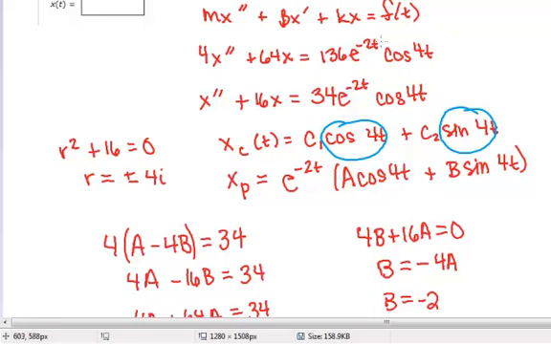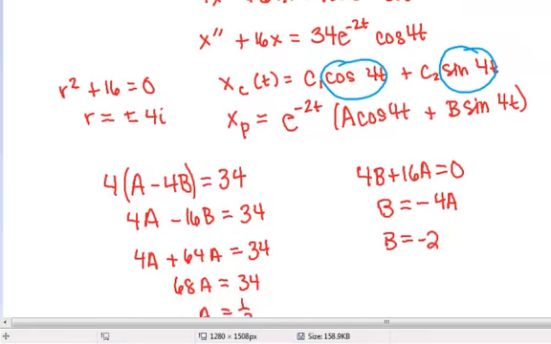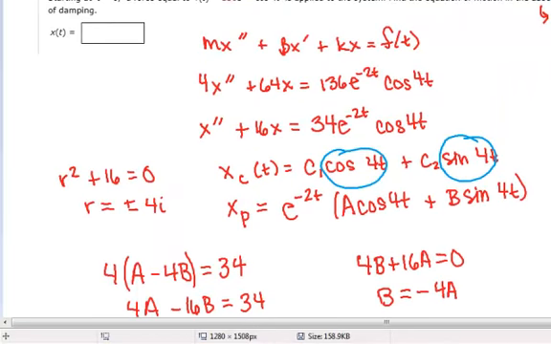And then you'd set up your W1 and W2 and so on and finish like a variation of parameters problem. But I think if you go ahead and just use Maple, it's quicker to do it that way. So that's what we were asked to find, the equation of motion.